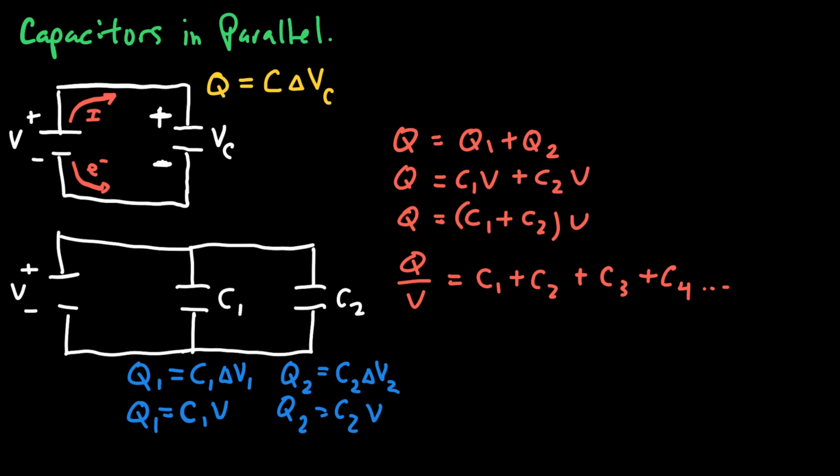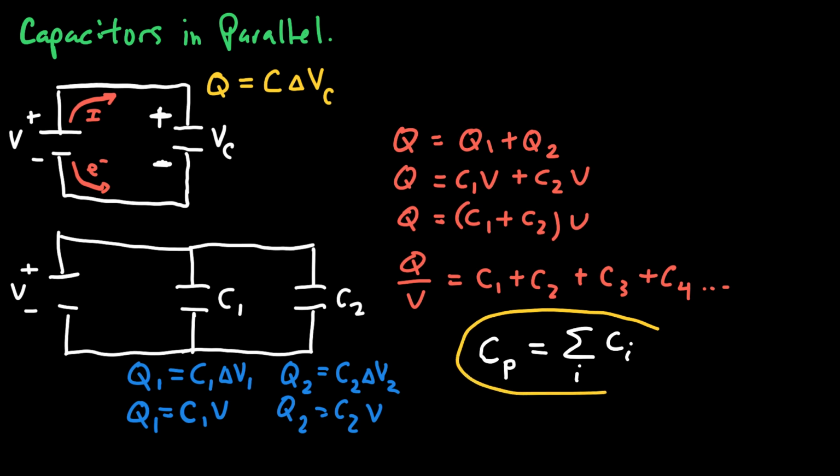And so lastly, for the parallel arrangement, we know that the equivalent capacitance, or the total capacitance for a parallel arrangement, Cp, is equal to the sum of all the capacitances of the individual capacitors added up. And we don't know how many there's going to be, and so we just write Ci, and we add up until we get to the ith capacitor. And so we're just going to keep adding them up all directly. Very easy to find the equivalent capacitance for parallel arrangements.